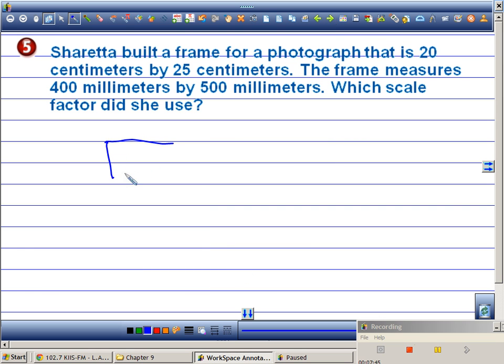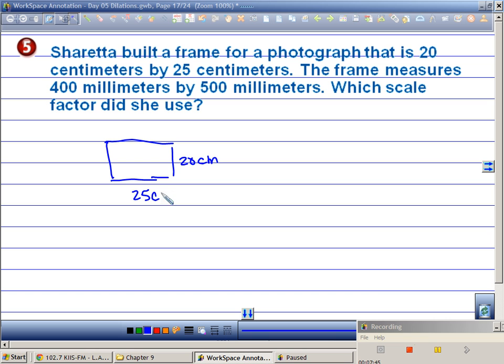I have a picture that's 20 by 25 centimeters with a frame that's 400 by 500. I've got to change this one to centimeters. Okay? There are 10 millimeters in a centimeter. So what do you think I'm going to do?